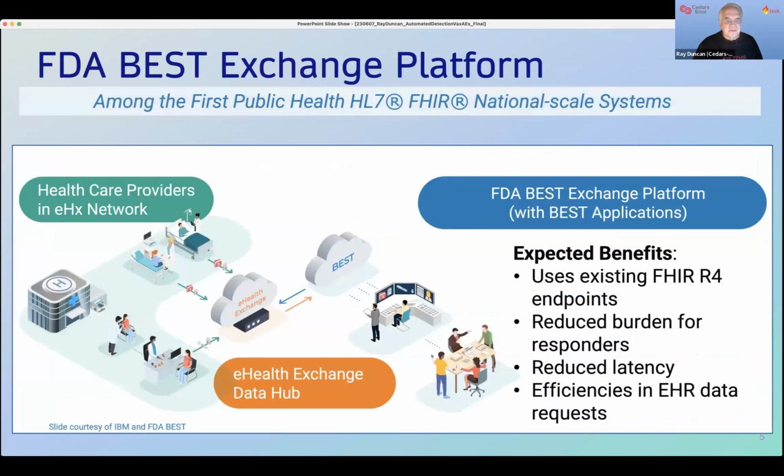So their vision of this is basically they worked with IBM to build a system that sits in the middle between the national networks and the FDA's internal systems.